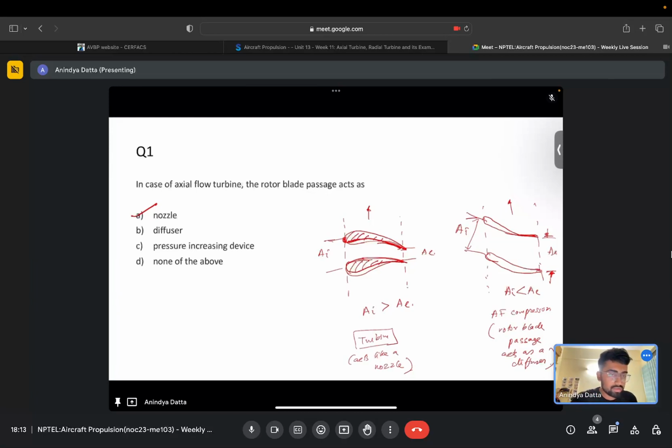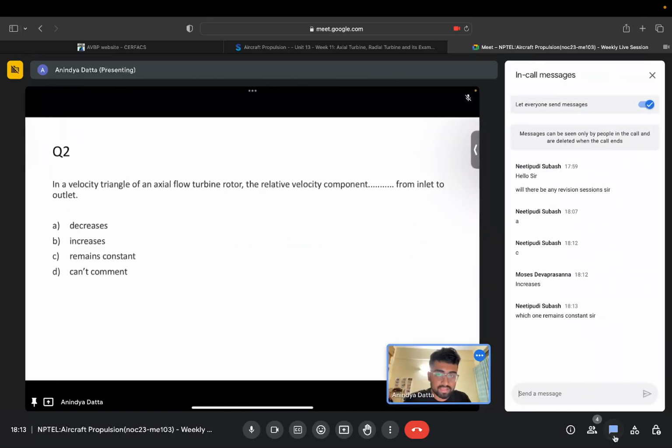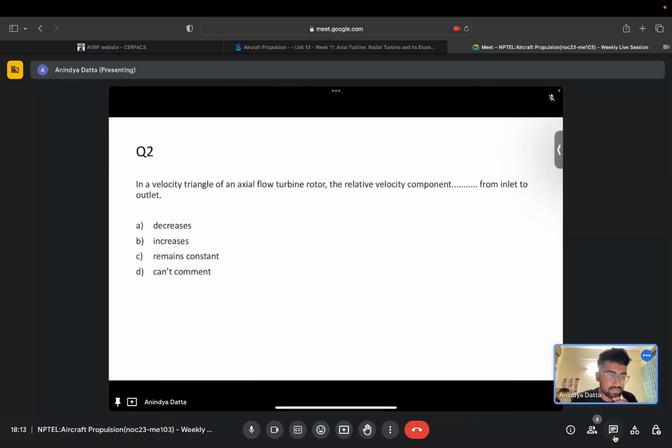The components that remain constant are the axial flow velocity component and the blade velocity, because in axial flow turbomachines we draw the velocity triangles at a constant radius, so the blade velocity at both inlet and outlet stays constant, right? And also the axial velocity component stays constant.